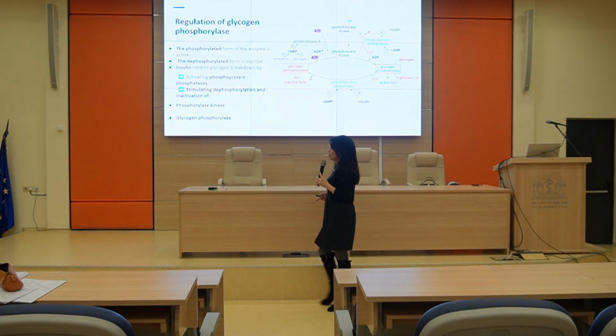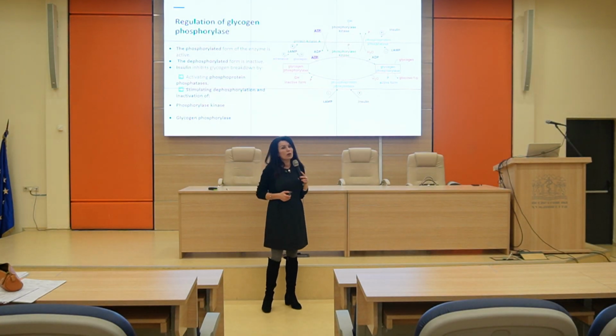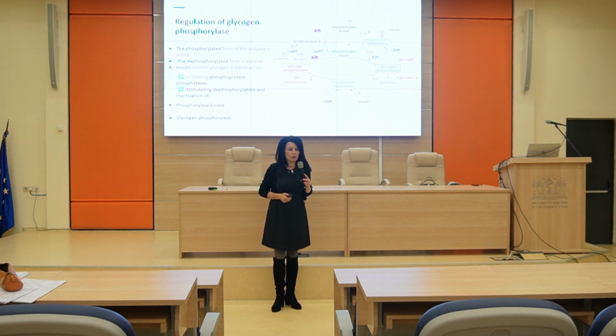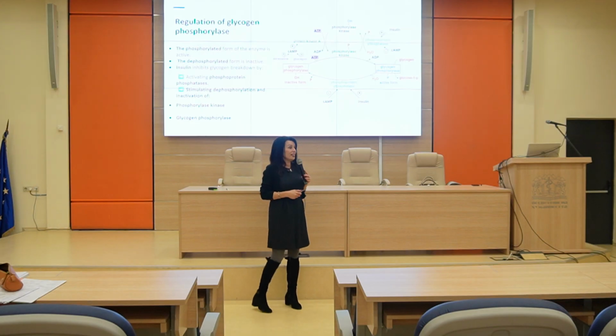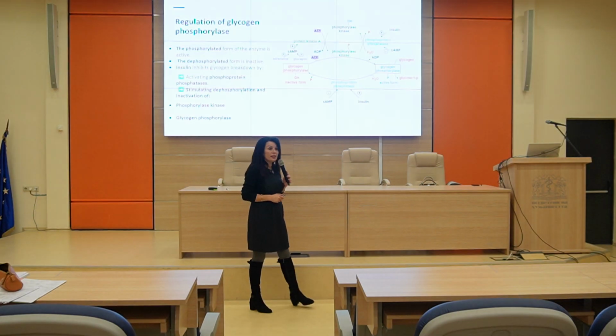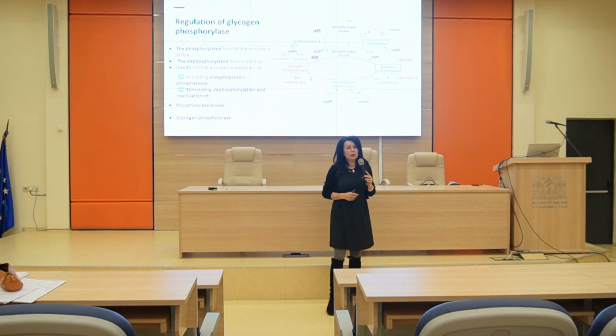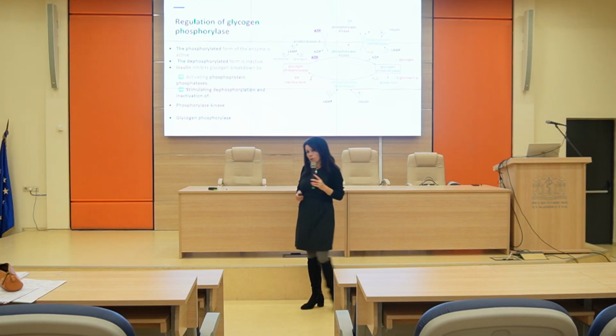You know this scheme from the first colloquium again, but this one is more complex because there is some more information about the kinase reaction. The protein kinase reaction, the phosphorylase kinase enzyme, exists in two forms again, phosphorylated form and dephosphorylated form.